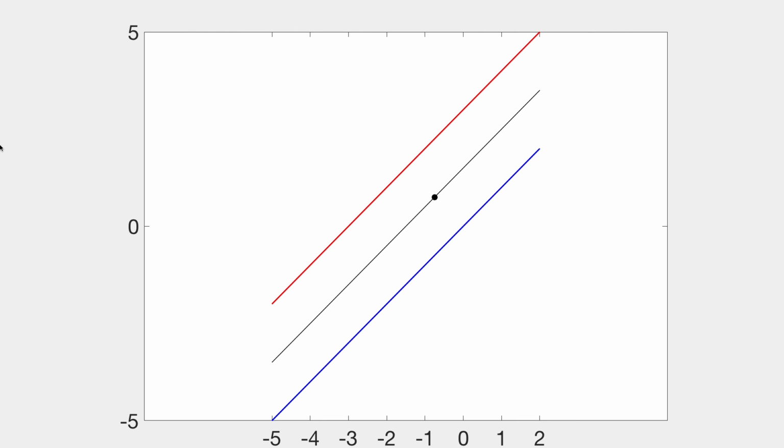We want to find points that lie on the red and blue lines simultaneously. There are no such points in the plane. However, there's an infinite number of points in the plane that have an equal distance to both of those lines, which, in the least squares sense, are kind of as good solutions as we can get. They are kind of closest possible to solving both of the equations simultaneously.